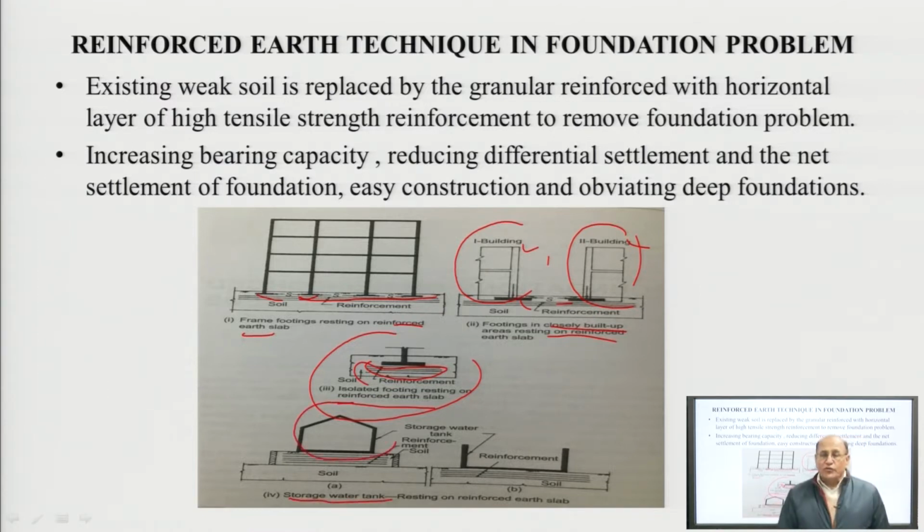Because heavy loads are coming on the earth, that is, on the foundation, we have provided reinforcement bars in many layers. So, this is a storage water tank resting on the reinforced earth slab.